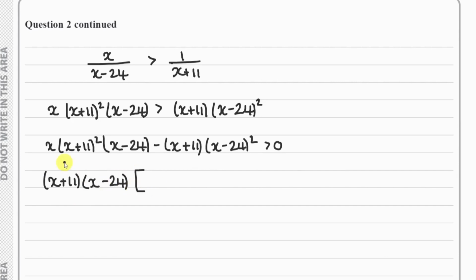That's going to leave me with, in this first term, x lots of x plus 11. In the second one over here, it's going to just leave me with minus, and then x minus 24. Now, all of this work here we currently have got for line 3 above. This line here, we would have picked up if we corrected our line 3.